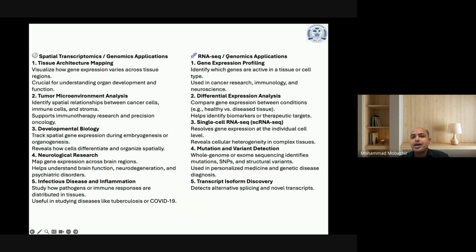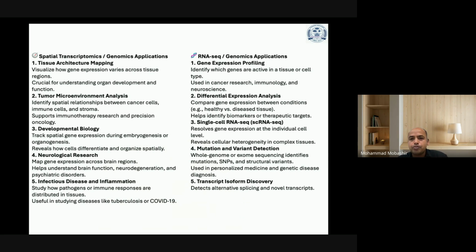Now, for RNA-seq or genomics applications, which are quite common and well known, gene expression profiling could be done to identify which genes are active in a tissue or cell. It could be used for cancer research, immunology, and neuroscience.